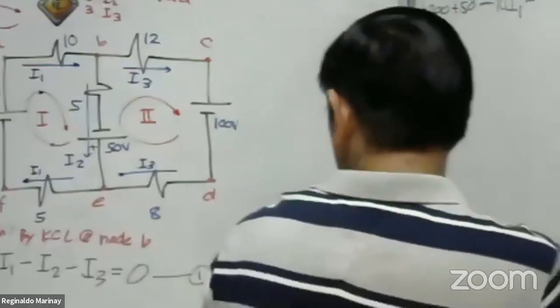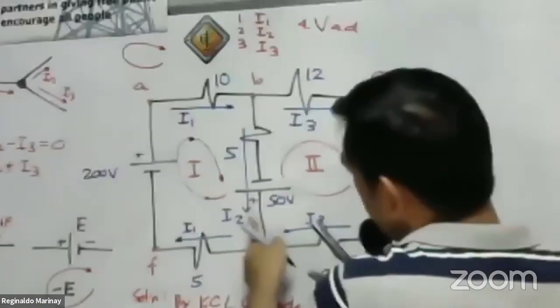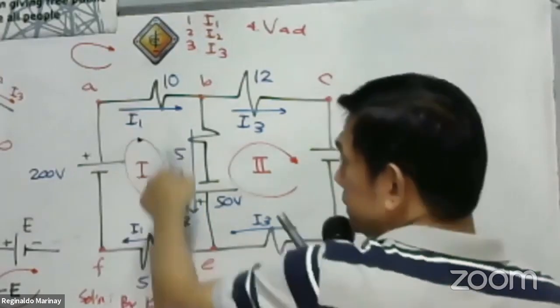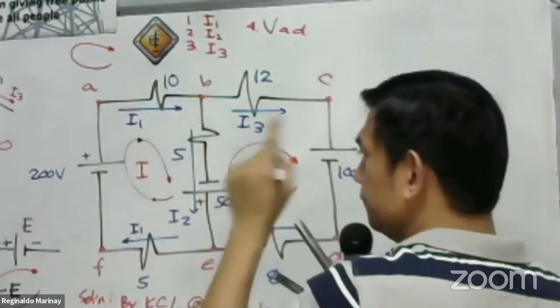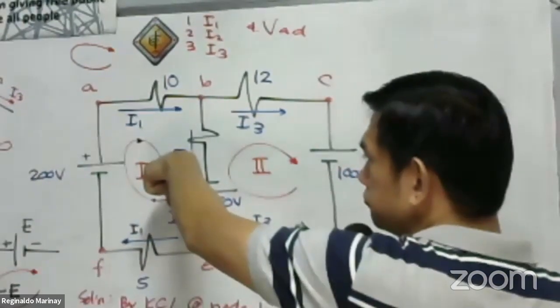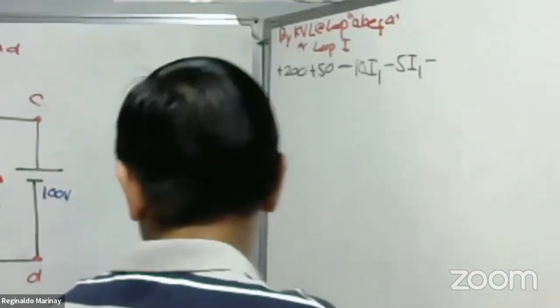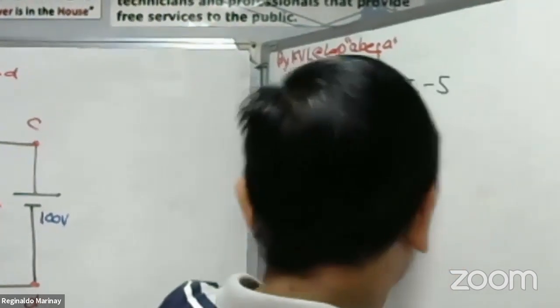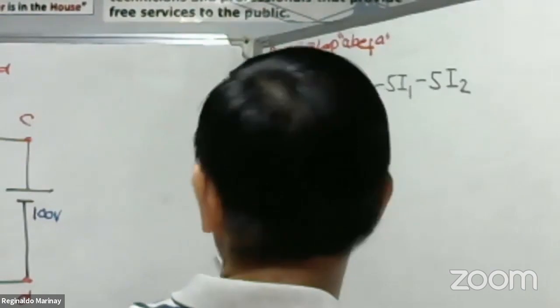So therefore, it is minus 5I1. What about for I2? I2 is going downward, then our circuit tracing is also going downward. One direction, going down, one line. One line is negative, of course. So we have here minus 5 I2. That is equal to 0.